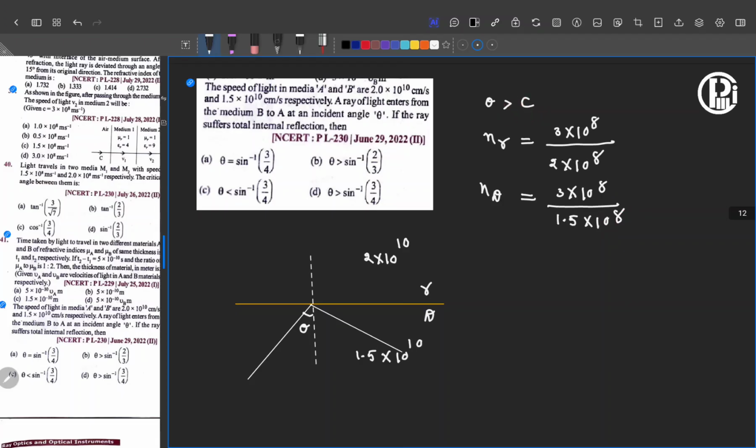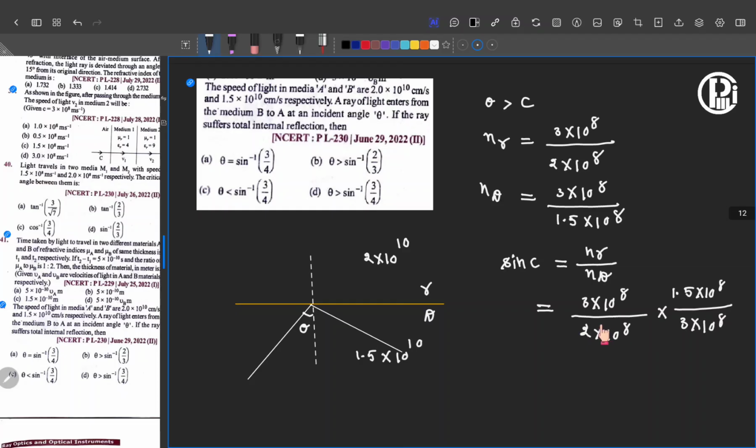And I have to find this C, sin C. Sin C is equal to 1 by n, or rarer medium by denser medium. The refractive index of rarer medium is 3 into 10 power 8 by 2 into 10 power 8, into 1.5 into 10 power 8 by 3 into 10 power 8.